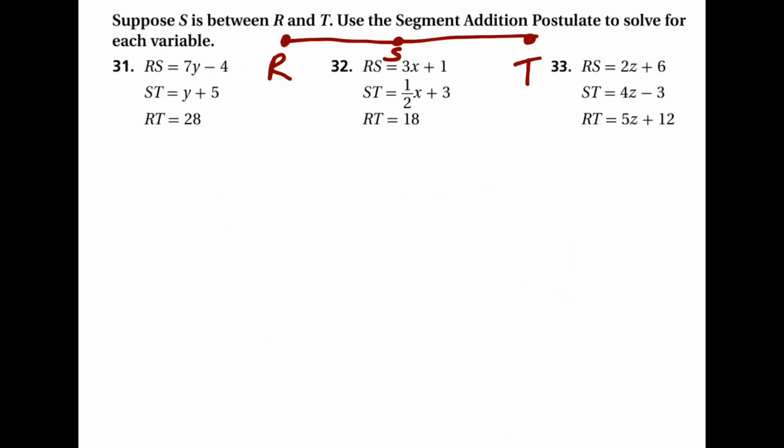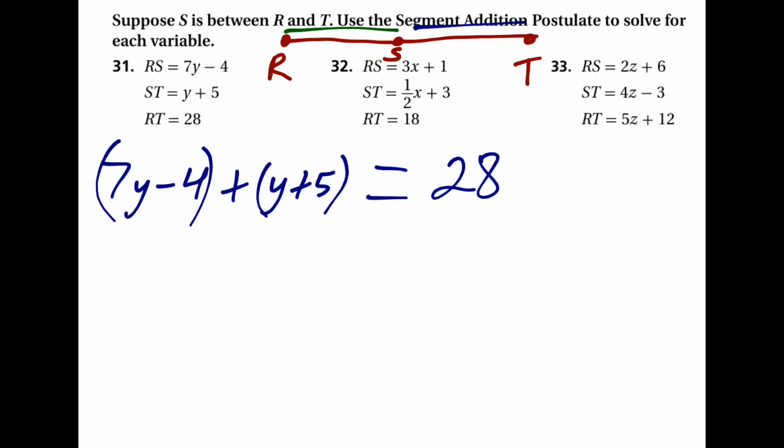So for this next section, 31 and 33, we have a segment RT, and S is somewhere between the two. So we can add RS plus ST to get the total RT. For 31, we set the problem up like this. We combine like terms, which means our Y terms are added together.